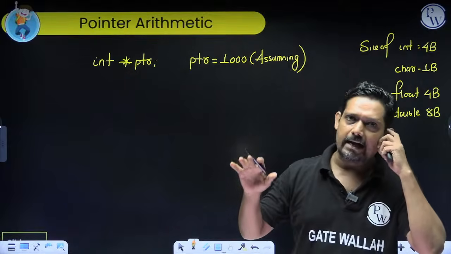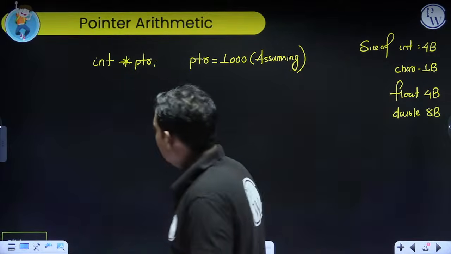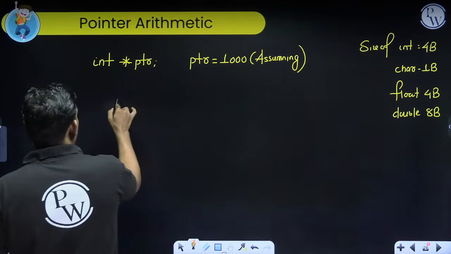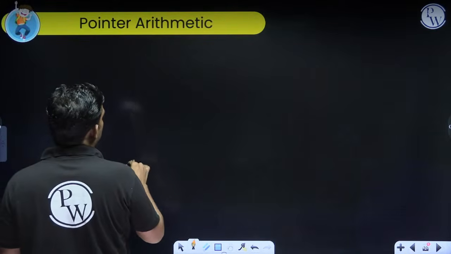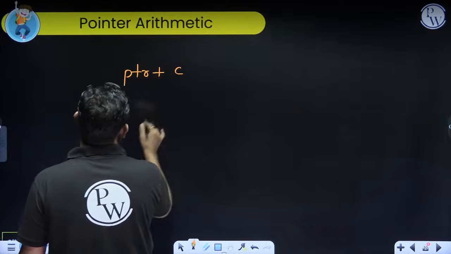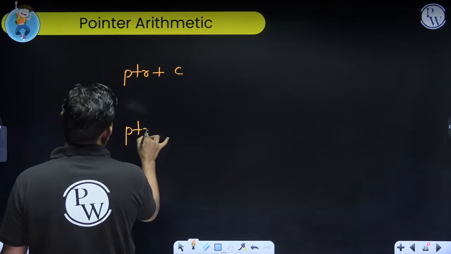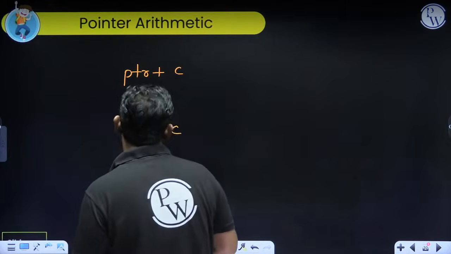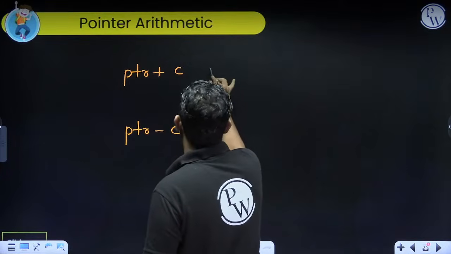When I say PTR plus C or PTR minus C, it doesn't work like normal arithmetic.